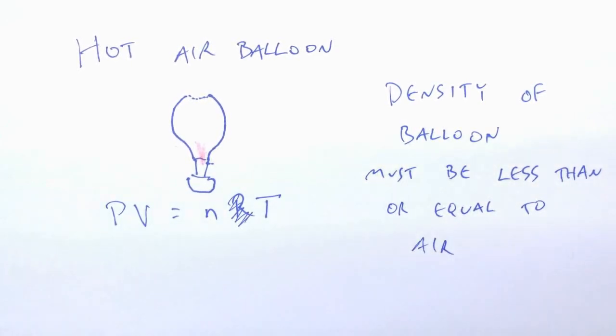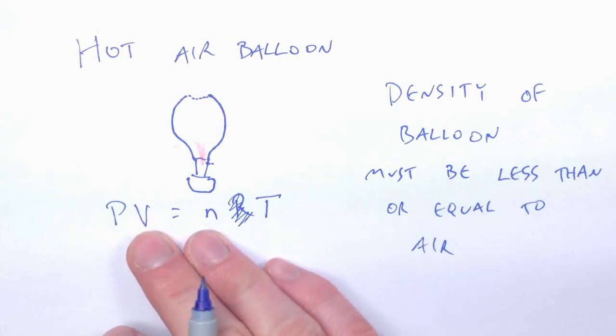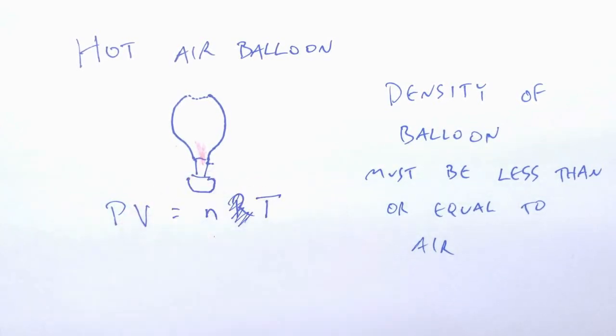If the density of the balloon and the air are the same, it will hover. If the density of the balloon is lower, it will rise. And if the density of the balloon is higher, it will sink. So basically, what we need to do is find some values for these variables such that the density of a hot air balloon is going to be equal to the density of just plain air.